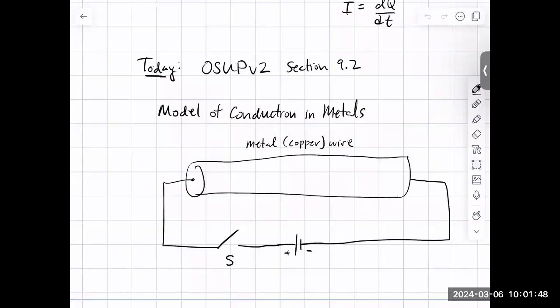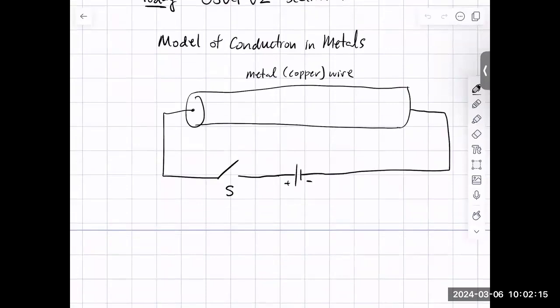The one thing that I added in our little figure here is a switch. So we could open or close the switch. When the switch is open, the battery is not in the circuit. There's no potential difference across the wire. When the switch is closed, that battery does provide a potential difference across our wire and establishes the flow of charge. So what I want to start with is this idea of having the switch completely open initially.